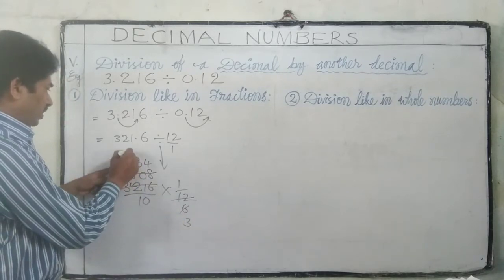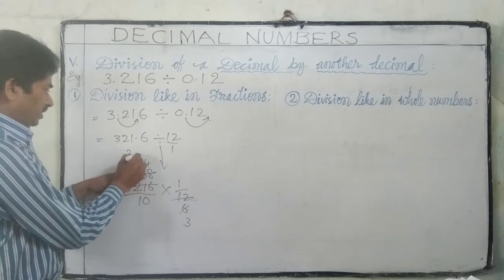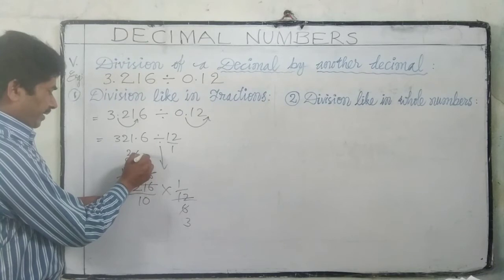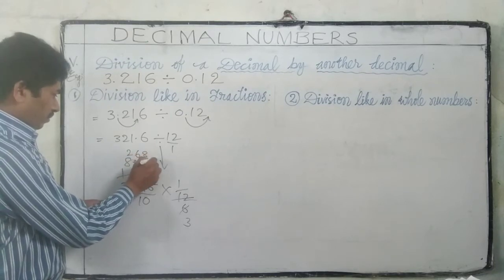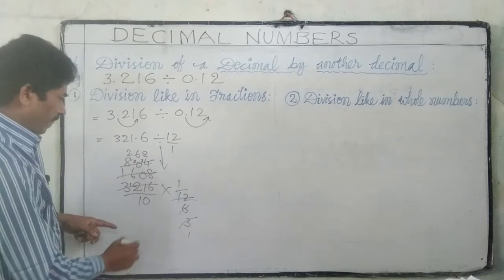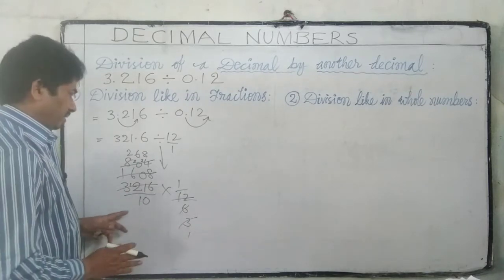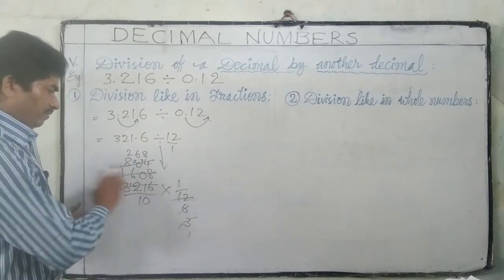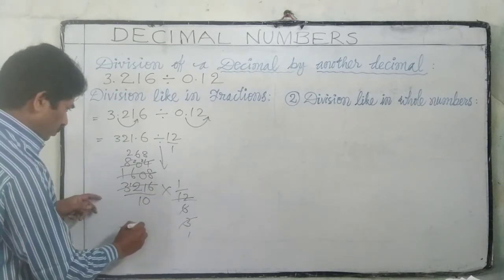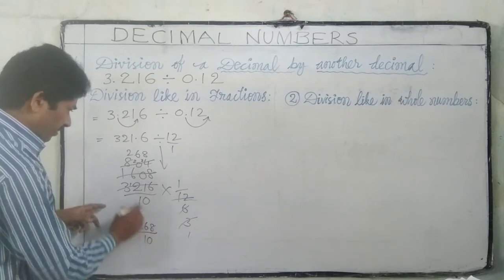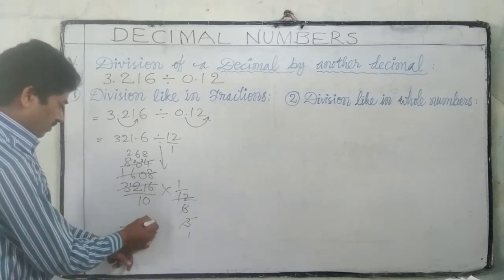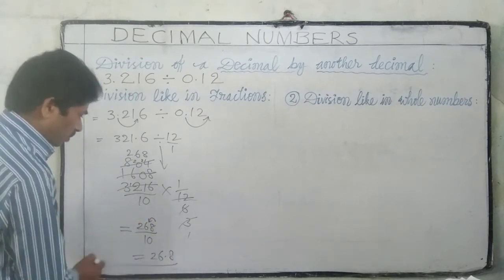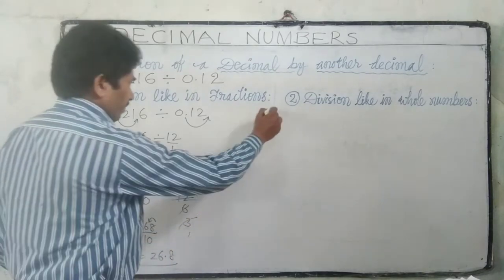Now 3 table, 3 twos 6, 2 threes 6, 18, 3 eights 24, 3 ones. So now shift the decimal point. To divide a decimal by 10, shift the decimal to the left by 1 place. 268 by 10, so 1 decimal place, that is 26.8. 26.8 is the answer.